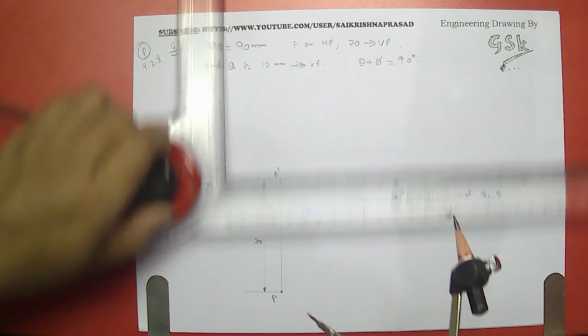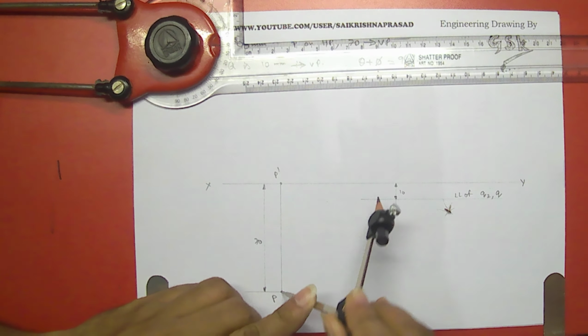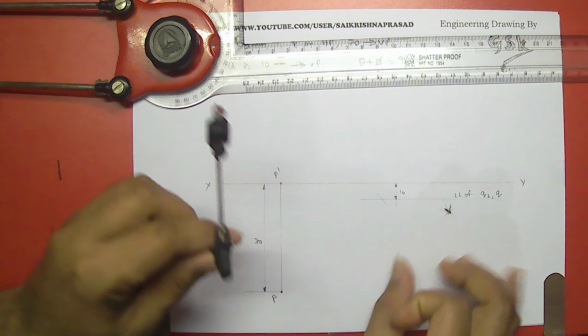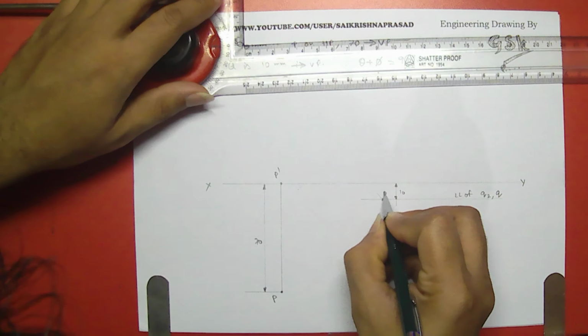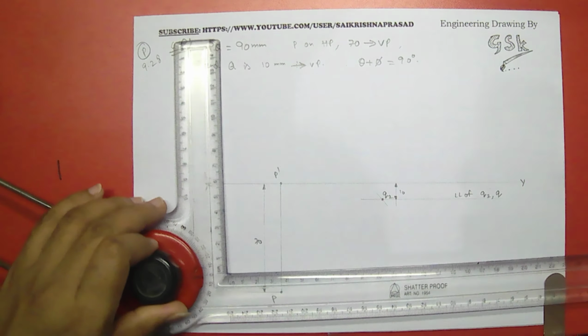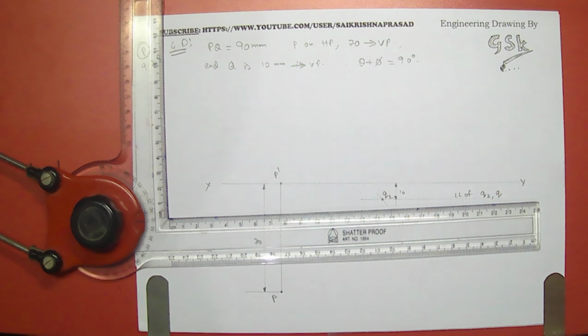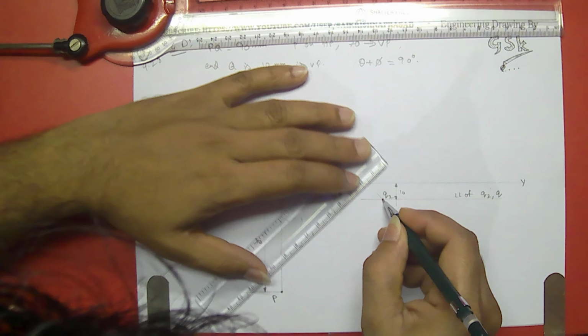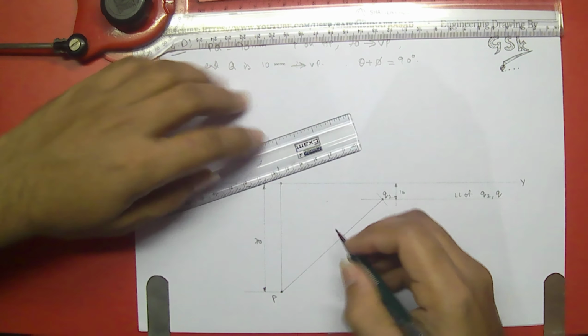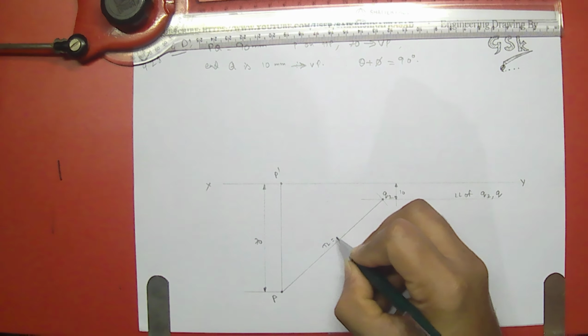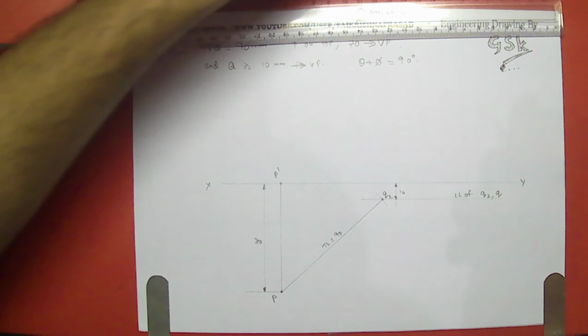Right, I have measured 90 mm. From here, keeping on to this, I'll draw an arc. So this is Q2, and this is true length, 90 mm.